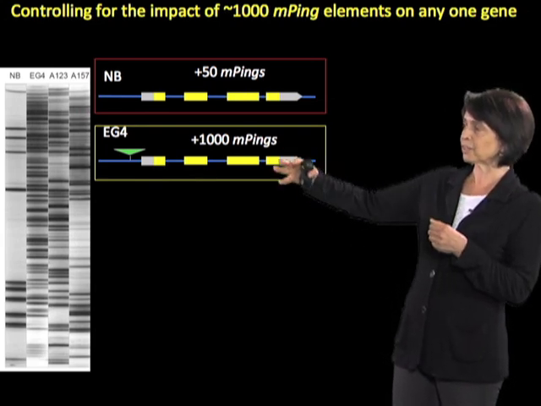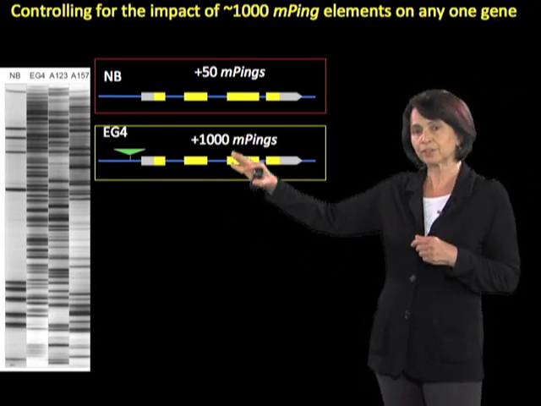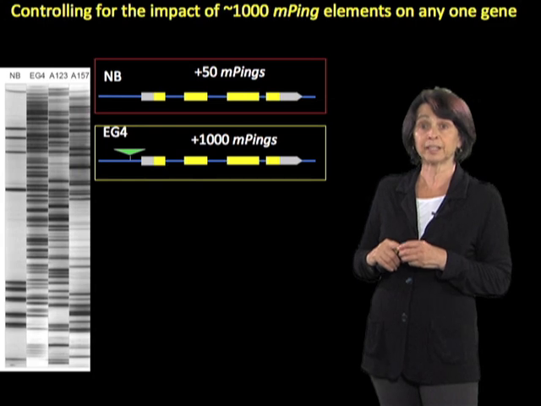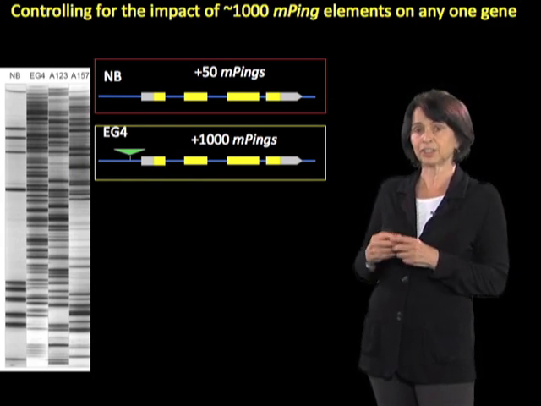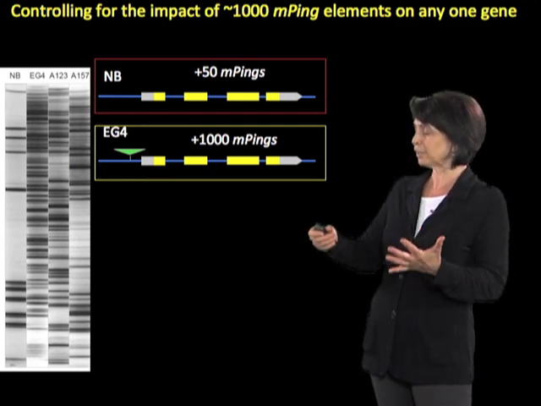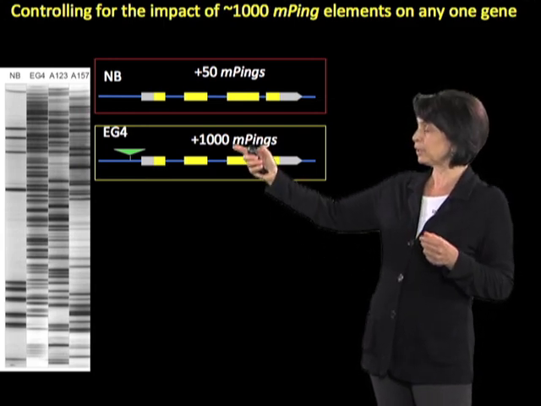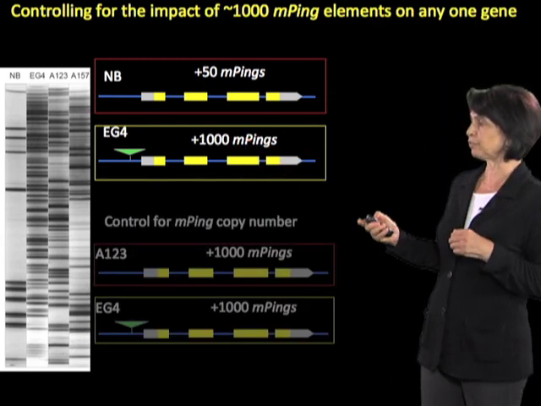The other thing you'll notice is that the Emping insertions in those strains, just by looking at the patterns, you could see the patterns on the transposon display differ. This means that the insertions are different. They're in different places in the genome. So this allows us to have a valid control. Here we see alleles that differ between Nippon-Bari and EG4.